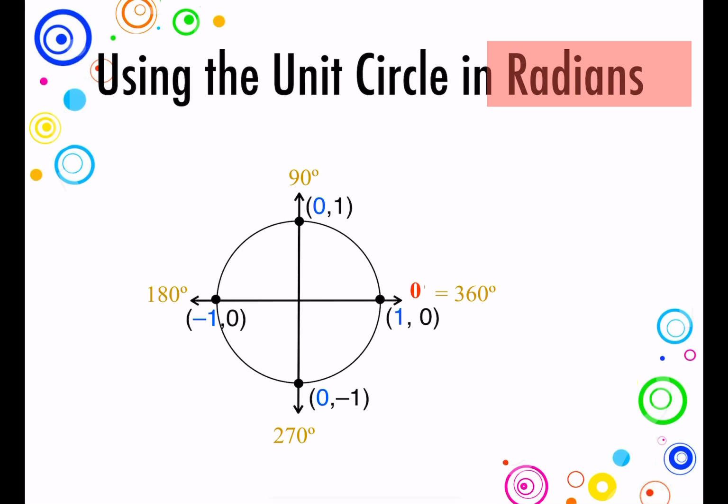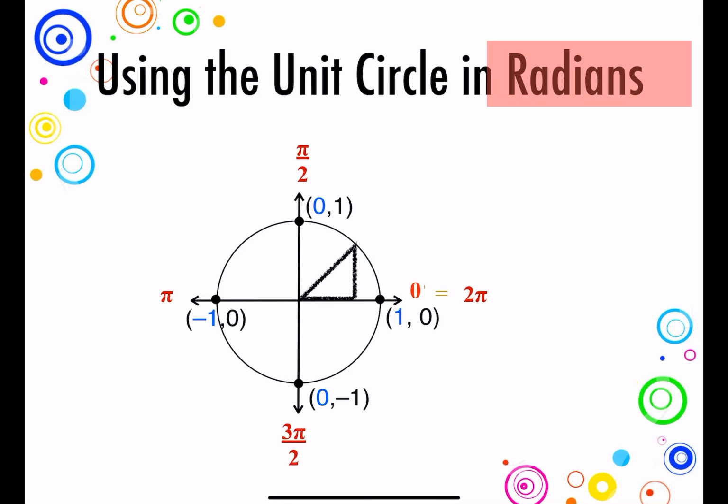If I convert 90 degrees, which I think you did in the previous lesson, that's the same as pi over 2 radians. 180 degrees we talked about is the same as pi radians. 270 degrees is the same as 3 pi over 2 radians. And 360 degrees, like we mentioned in the do now, is the same as 2 pi radians. So that's the unit circle for us in radians.